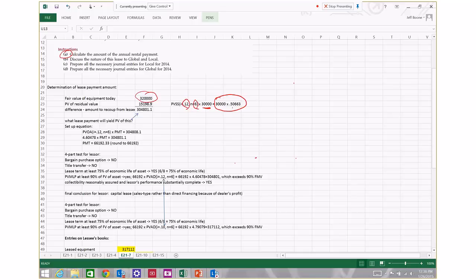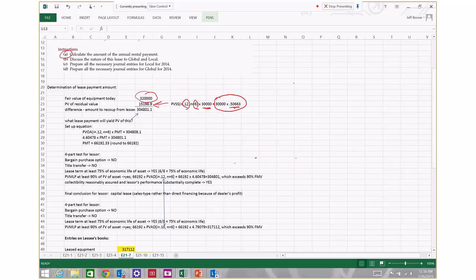That factor is 0.50663. So you multiply 0.50663 times 30,000, and that gives you the present value of the lessor's right to get the property back for $30,000 6 years from now.